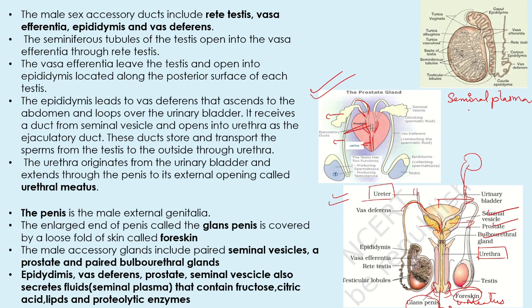What is the seminal plasma? Seminal plasma is nothing but the fluids from the epididymis, the vas deferens, the seminal vesicle and the prostate. The secretions of these together constitute the seminal plasma, and the seminal plasma mixes with the sperm to form semen. I hope it's clear.